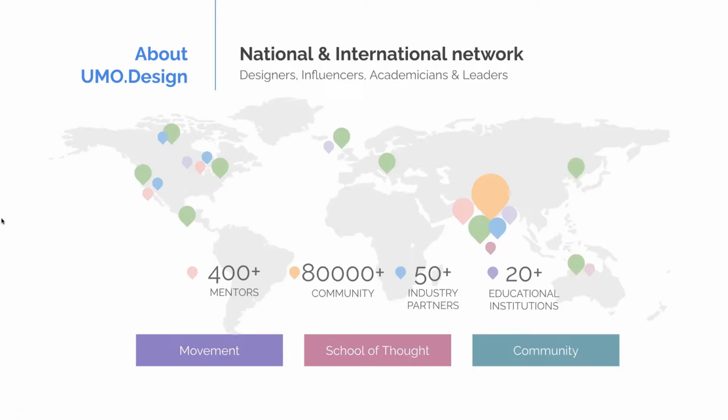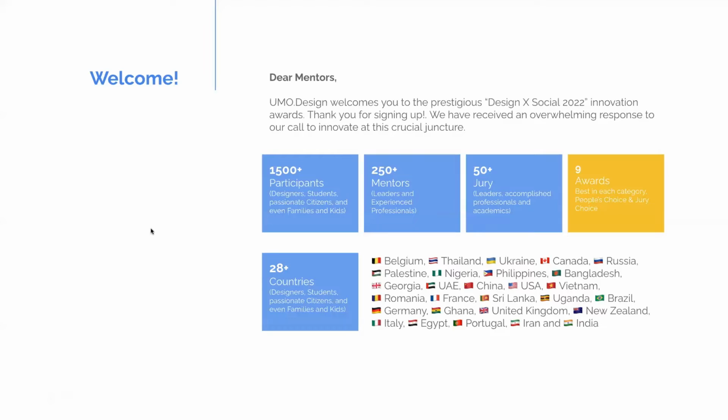This year, we are going to do the 18th international conference. We also have a good community: strong mentors, jury members, speakers and participants, and good collaborations with institutes and organizations.